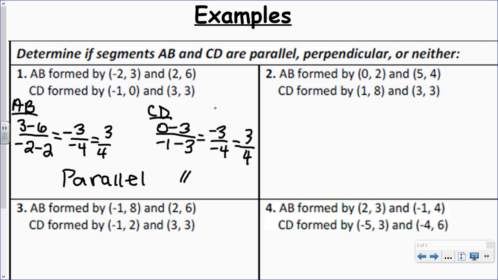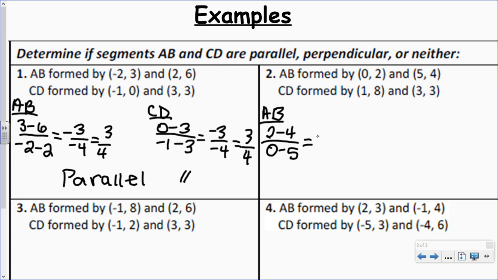All right, so let's try example 2. We got AB at (0, 2) and (5, 4), and then CD formed by (1, 8) and (3, 3). So let's go ahead and find the slope of AB. And so the slope of AB, remember, we're going to subtract the y values. So 2 minus 4 divided by subtract the x values, 0 minus 5.